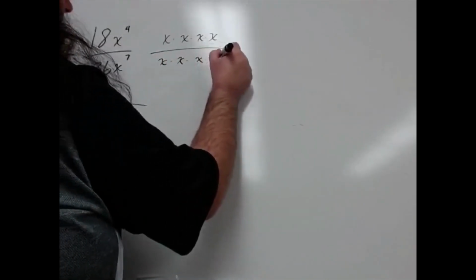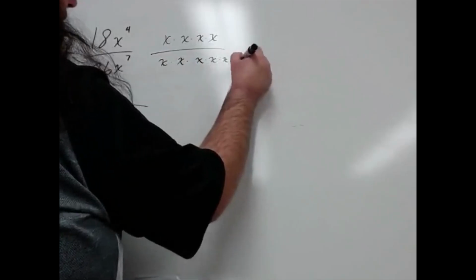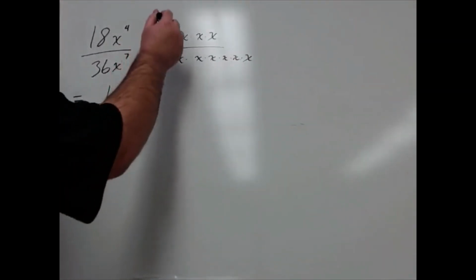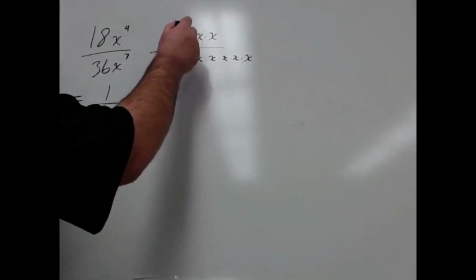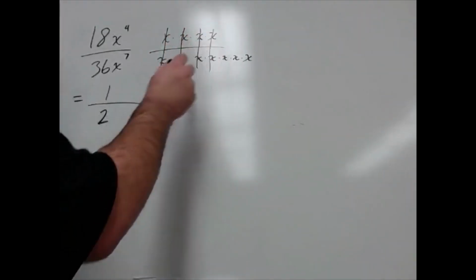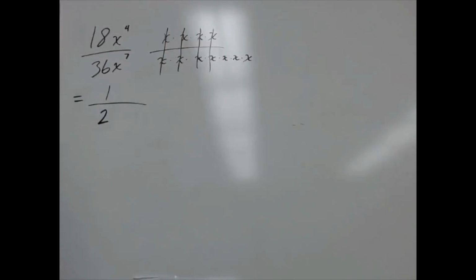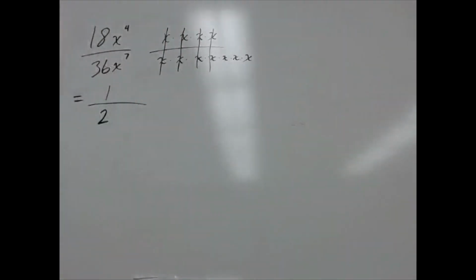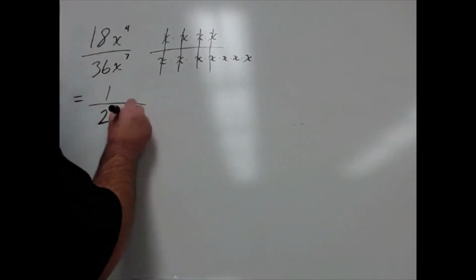So when you write them out like this, what you might notice is that you've got pairs canceling each other off in the numerator and denominator. And this leaves us with 3 x's down in the denominator. So to get my final answer, I just put x cubed down here.